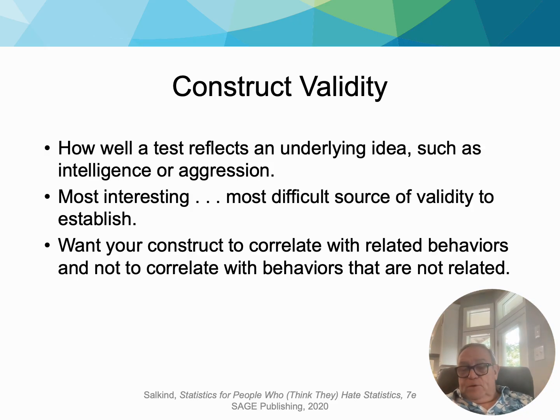In a minute, we'll talk about attention deficit disorder or intellectual disabilities. So if you give a test to somebody to determine do they have a reading disability, a learning disability, or whatever, you want to make sure it correlates with those behaviors and not other things.